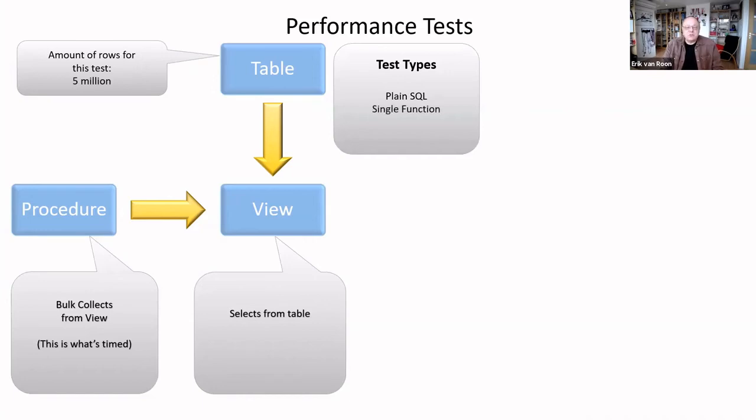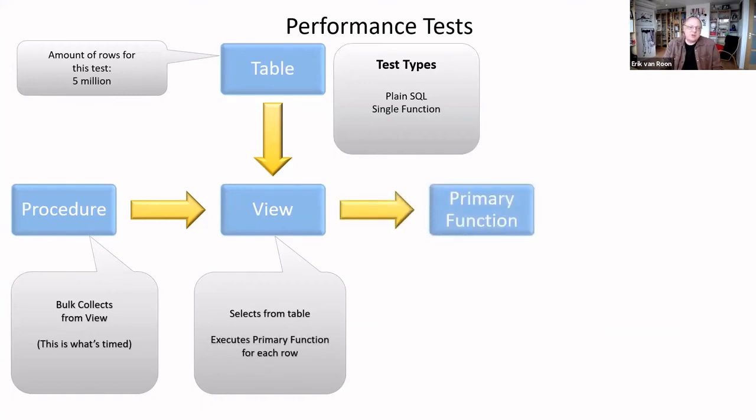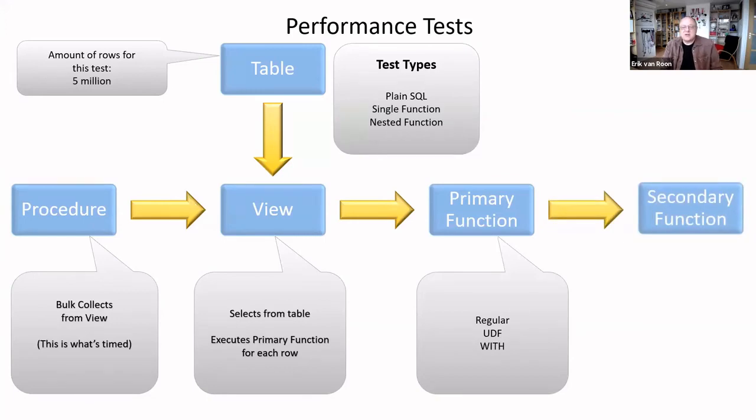There is the single function test type, and in that case, the view will execute a function for each and every row in the table. And that function can be a regular function, as we always used to declare them, or a UDF function, or a function in the with clause. Then there's the test type nested function. In that case, the primary function calls a secondary function.